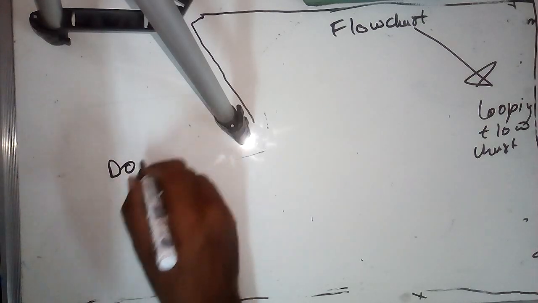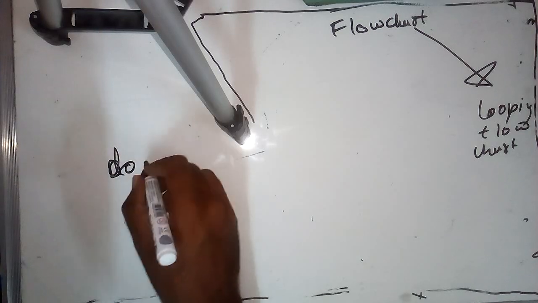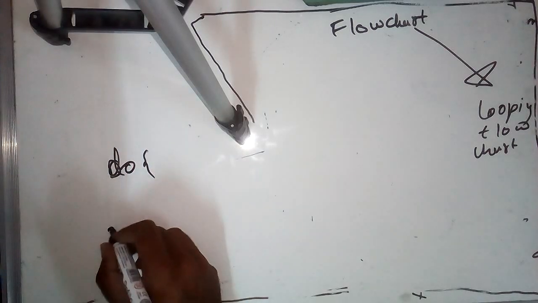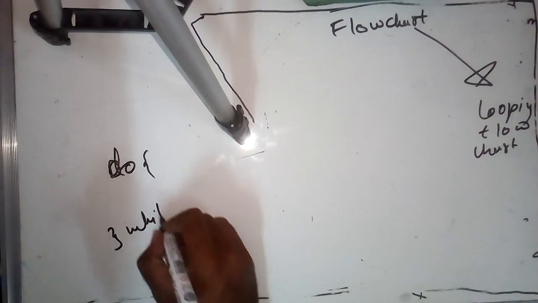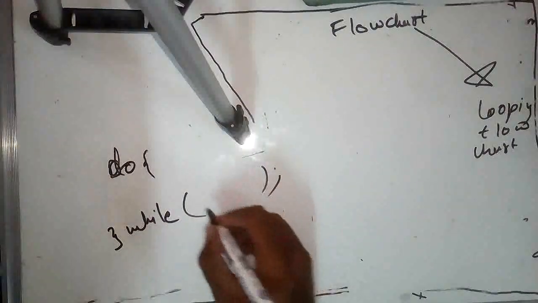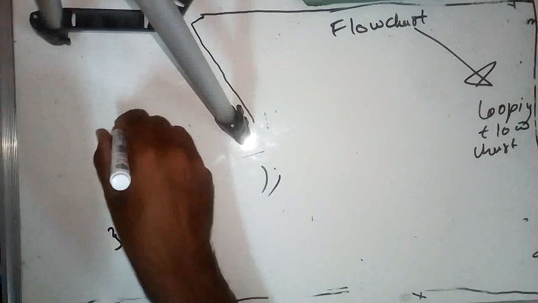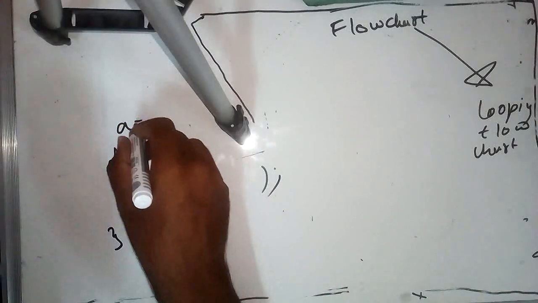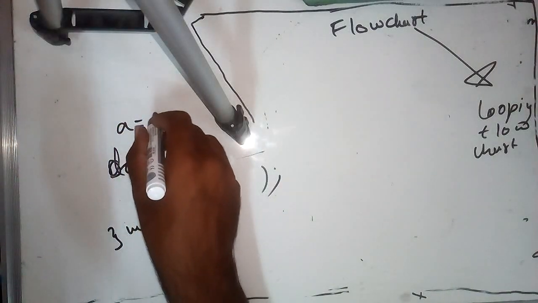Okay, so let's say I have a do loop, that we have in the Java programming language. Actually, we write like this. I think in C also we write something like this. Let's say the value of a is equal to 5.